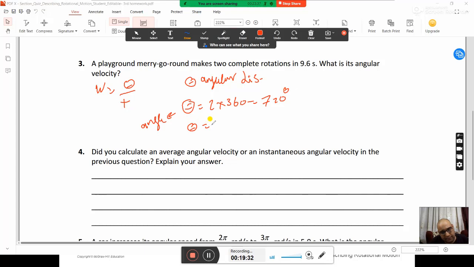To find the velocity, omega, 720 divided by time. Time is 9.6. So the value will be 75 per second.